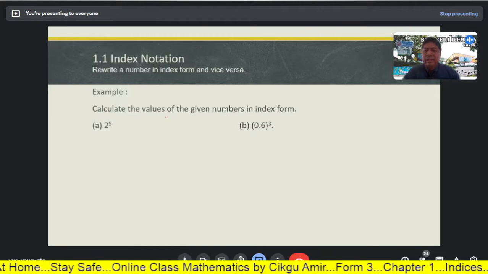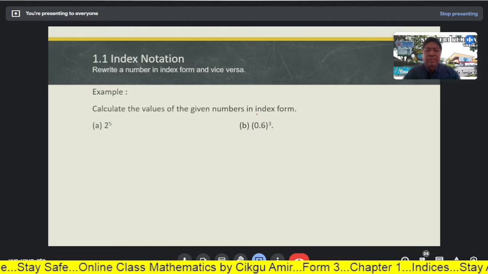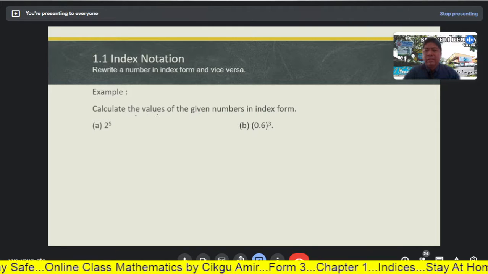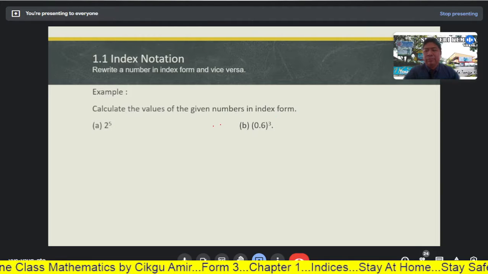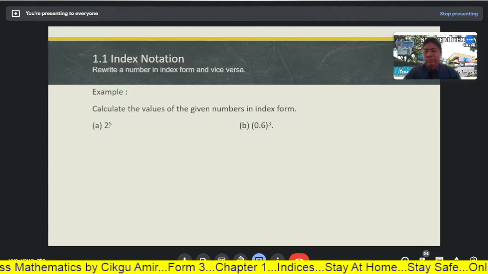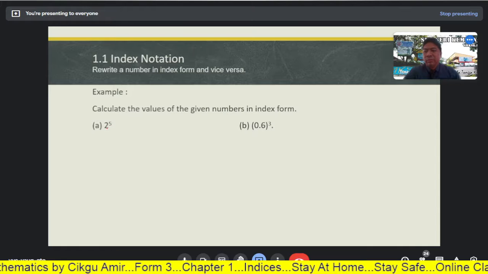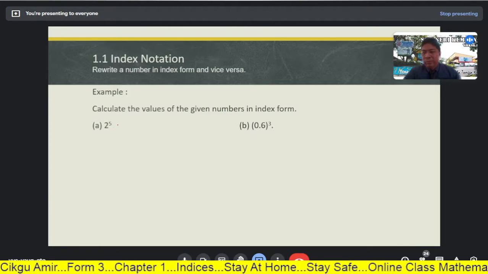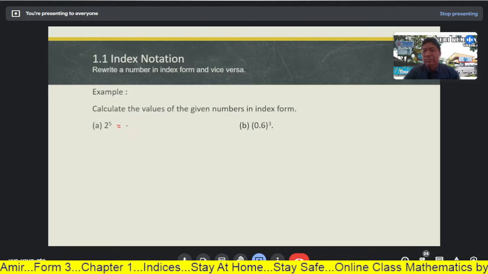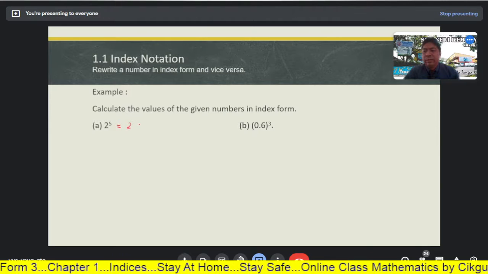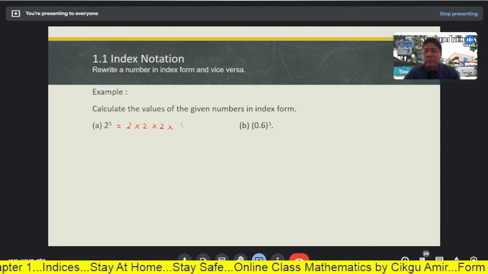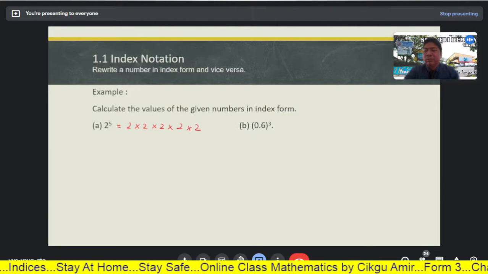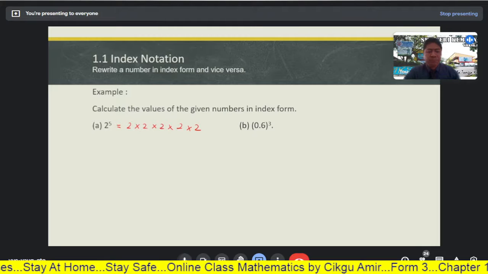Calculate the value of the given number in index form. 2 to the power of 5 is 2 multiplied by 2, multiplied by 2, multiplied by 2, and multiplied by 2.